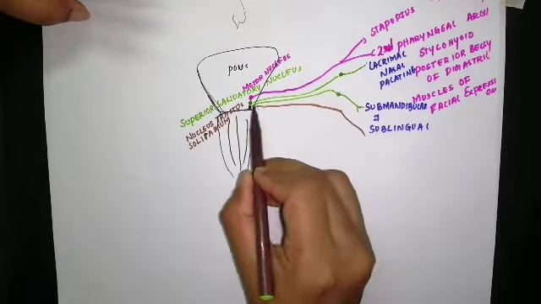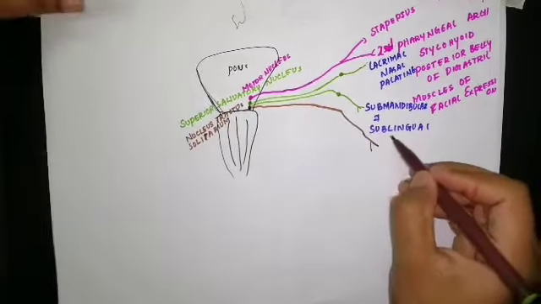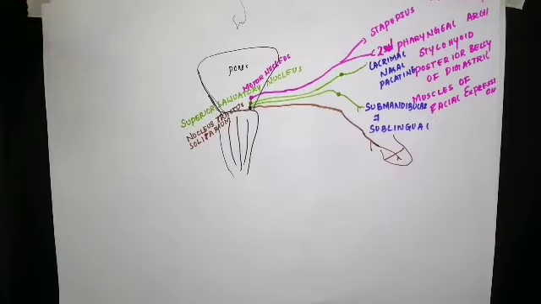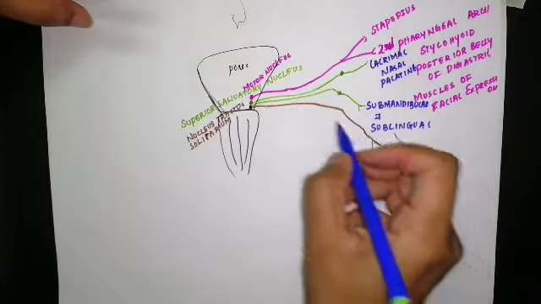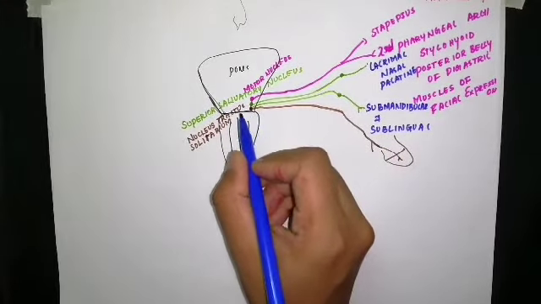The sensations from the anterior two-thirds of the tongue, if this is the tongue, are carried by these fibers into the nucleus known as the nucleus tractus solitarius.